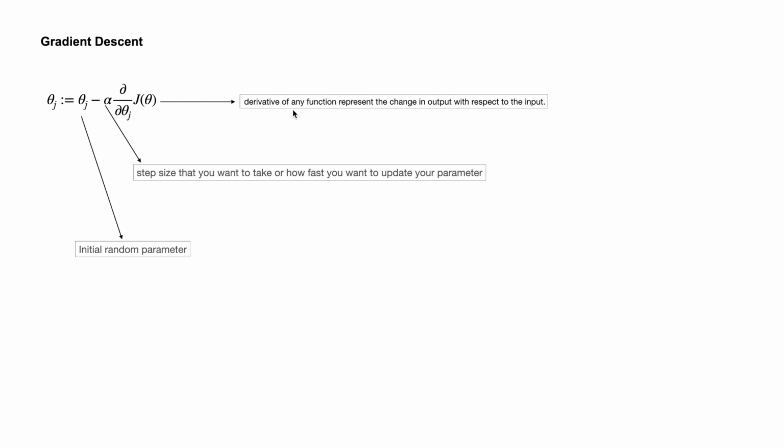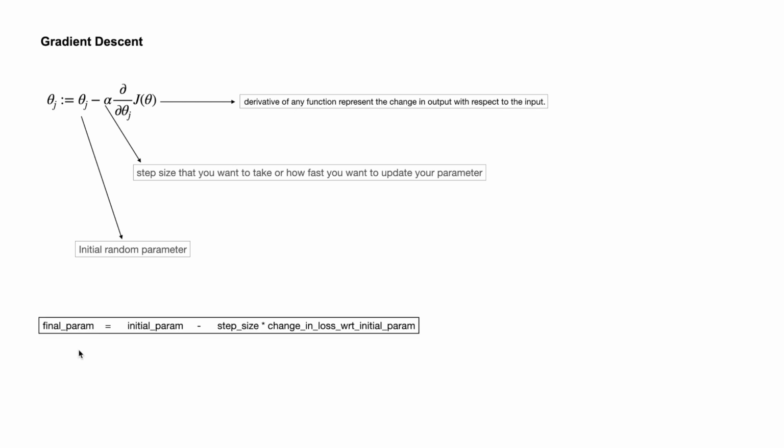Suppose you know this is the change; now how fast do you want to update your parameter? It depends on alpha. If your alpha is big, you're taking a big step. If your alpha is small, you're taking a very small step. If you're not getting this, you do not need to worry. Once we implement this in Python, I think it will be clearer.